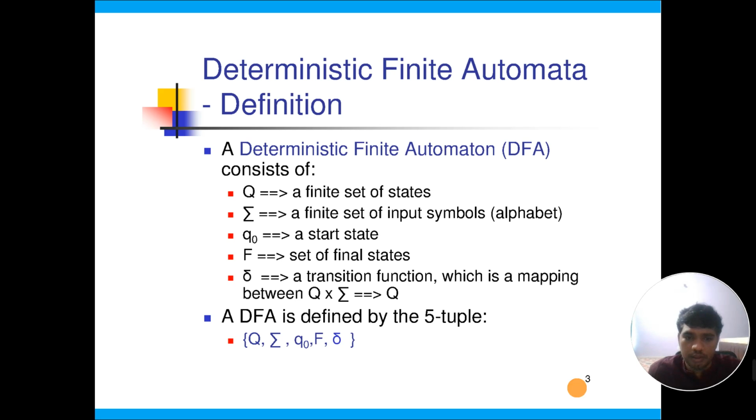As I told earlier, in a graph there will be an edge from one node to another node, that is, from one state to another state by taking an input. The input is from sigma, so the transition function is denoted by Q cross sigma implies Q. So DFA is a 5 tuple, and you need to explain all these things: what is Q, what is sigma, and so on.